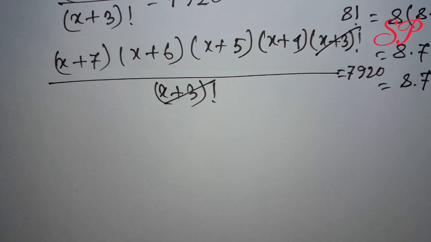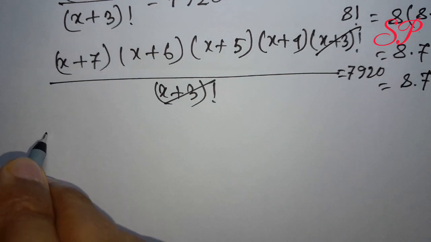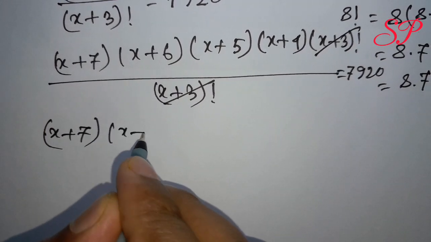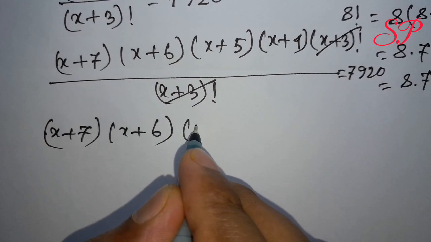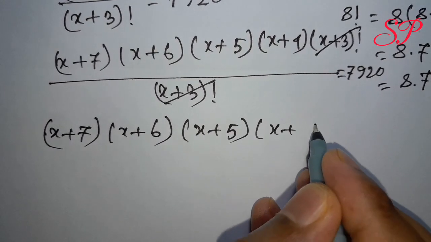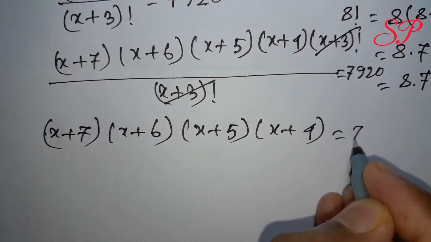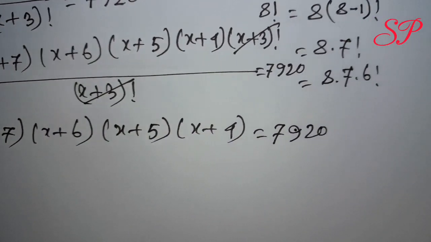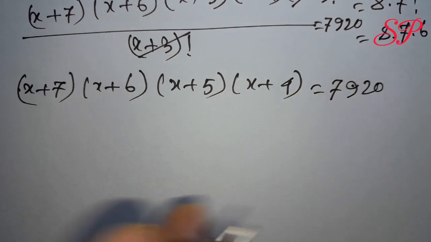Next we can write that (x+7)(x+6)(x+5)(x+4) is equal to 7920.